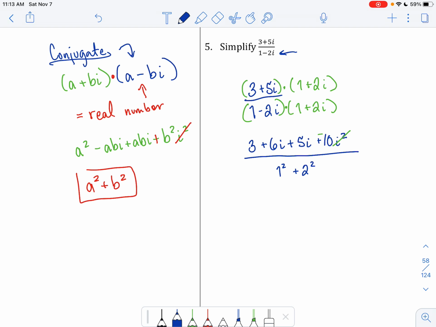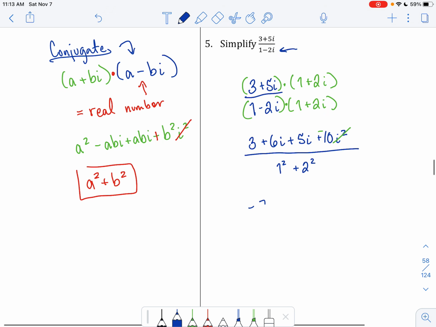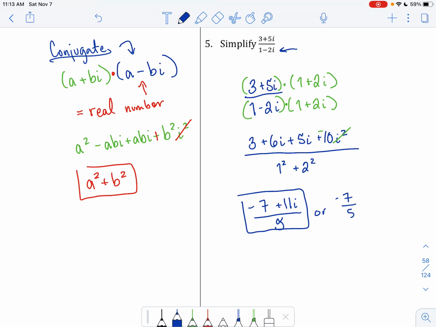And so then we've got 3 plus negative 10, negative 7 for our real component, plus 11i all over 5. Since 5 is positive, you can just leave it like this, or you can separate it out as negative 7/5 plus 11/5 i. Obviously, using decimals would also be fine.